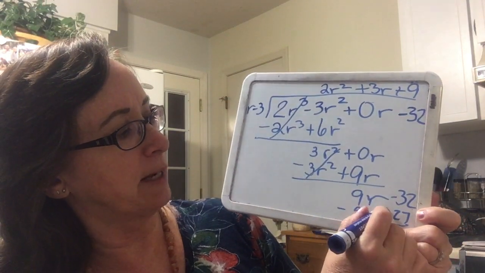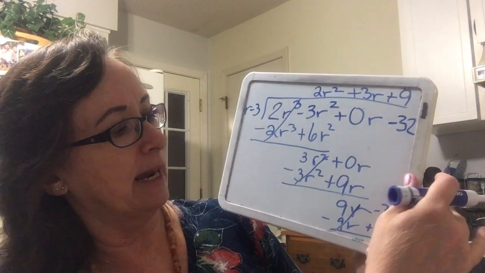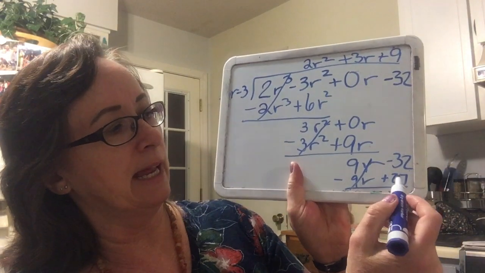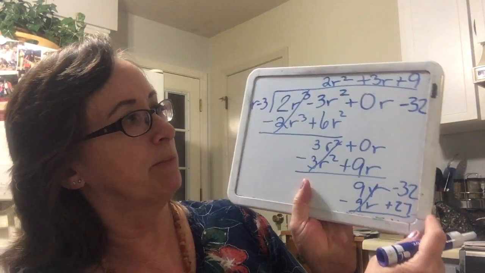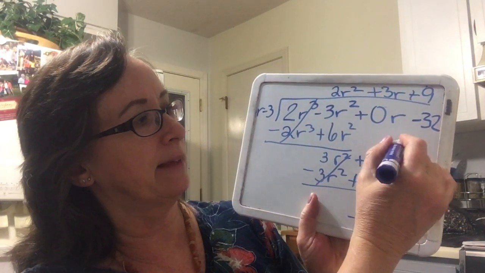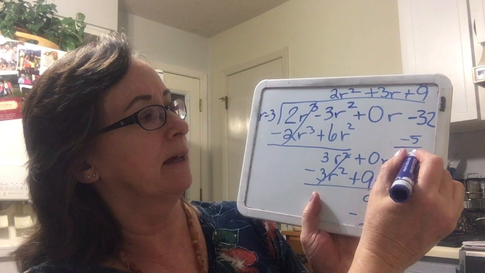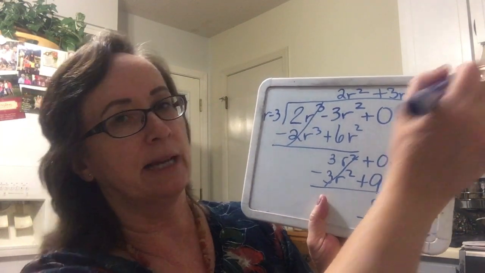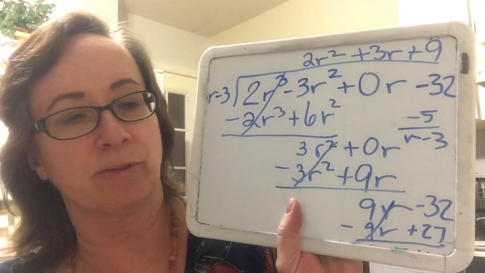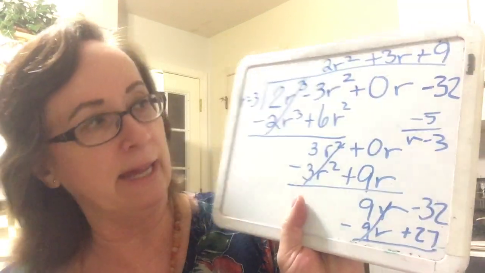I change my signs and I add, and that's going to be a negative 5 remainder. So I'm going to have all of this, and then negative 5 over r minus 3 will be right up there next to my 9, but I have no room for that one. Okay, and that is the correct answer.